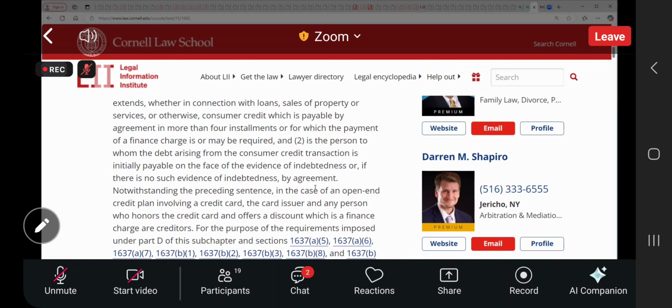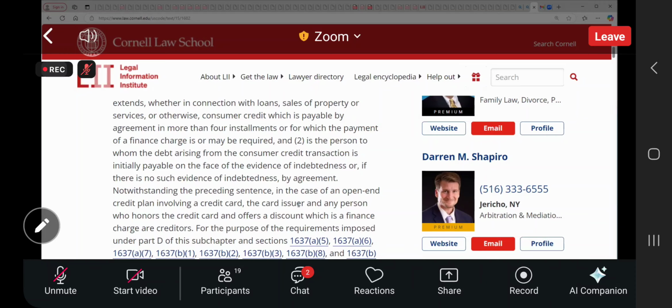Let's keep going. It says, if there is no such evidence of indebtedness by agreement, notwithstanding the preceding sentence, in the case of the open-end credit plan involving a credit card. Ain't your Social Security an open-end credit plan? That's why they don't take your Social Security card.